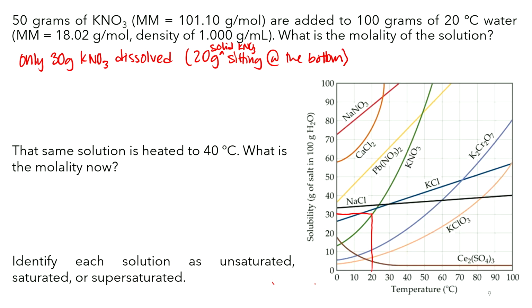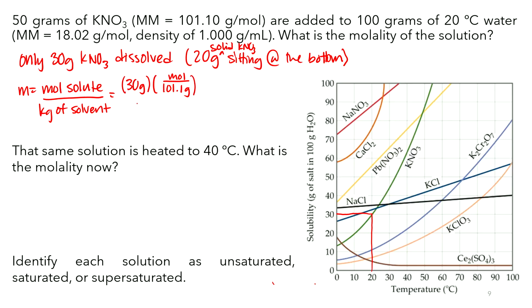Okay, so to calculate molality, which is moles of solute divided by kilograms of solvent, I'll convert 30 grams to moles, and then divide by 0.1 kilograms, because that's my amount of water that I have. I came up with about 3.0 molality.